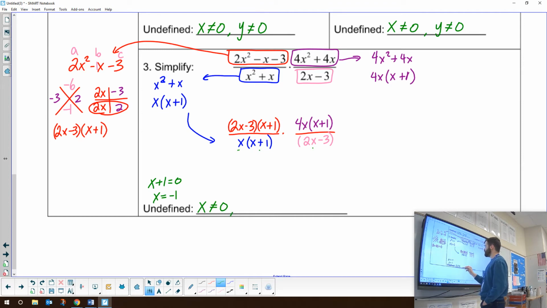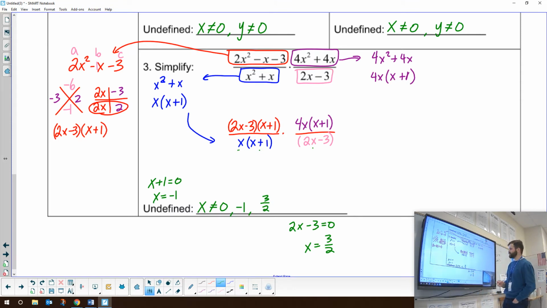So x can't be negative 1, or it makes a 0 down there. And the last one, this 2x minus 3, if I set that equal to 0, add 3 and divide by 2, we get x equals 3 over 2. So that's the last thing that x can't equal, 3 over 2. So these are my undefined values.